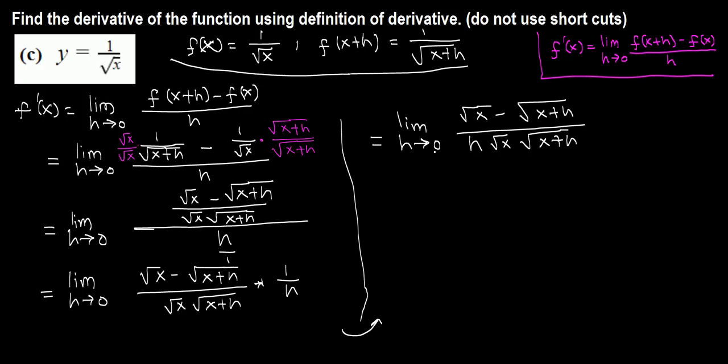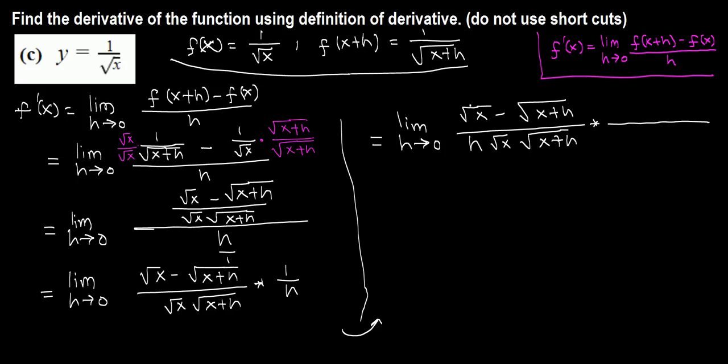When we plug in h equals 0, we get 0 over 0, so we cannot simply plug in h equals 0. Somehow we need to simplify and cross out h from top and bottom. Since we have a difference of two square roots on the top, we need to multiply by its conjugate so that we can get rid of a square root and cancel h from top and bottom.